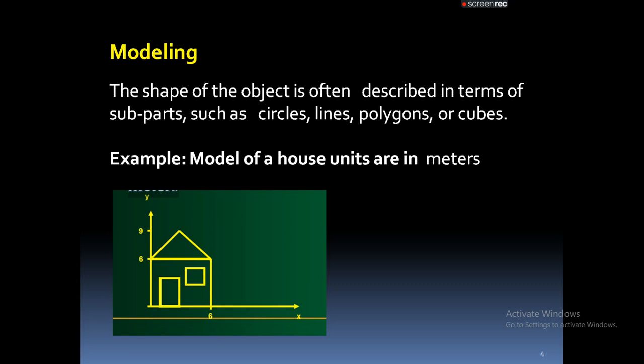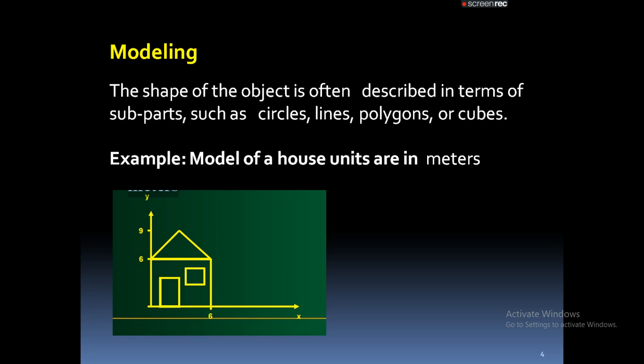Here I would like to discuss only the meaning of modeling. Our aim is to create one two-dimensional image called house. We divided that two-dimensional house into many geometrical primitives, like triangle, rectangle, square.